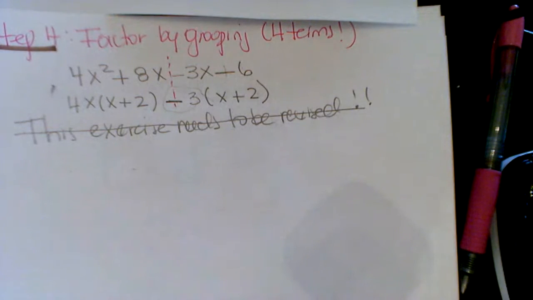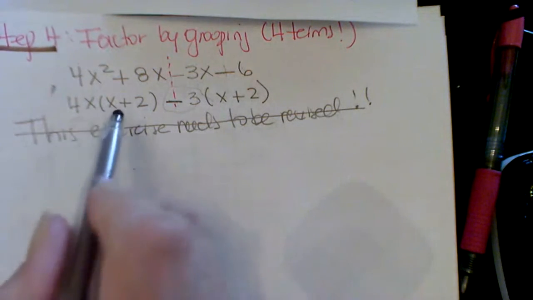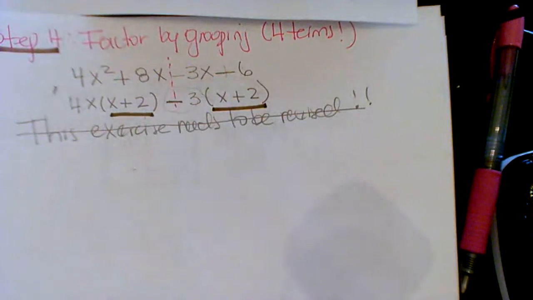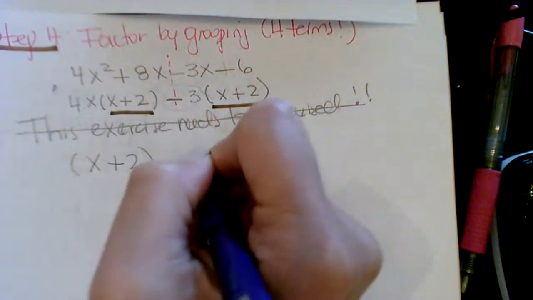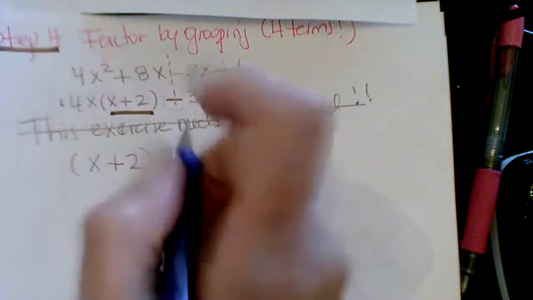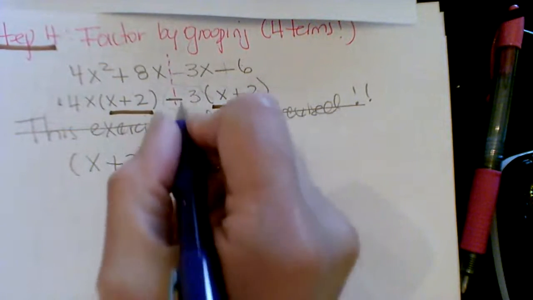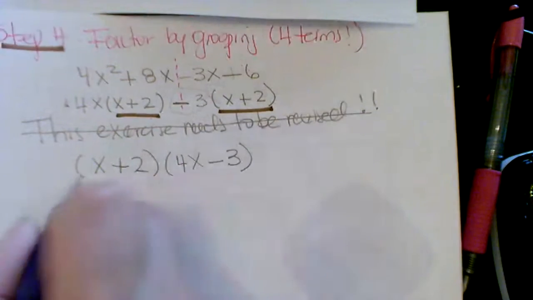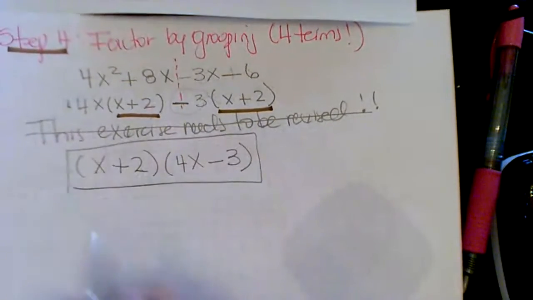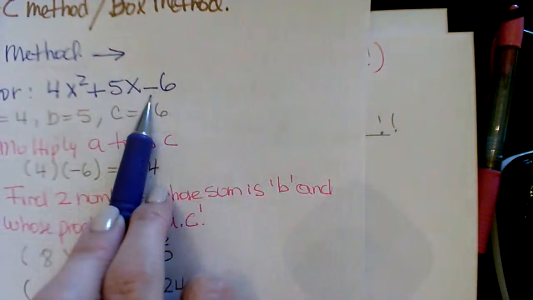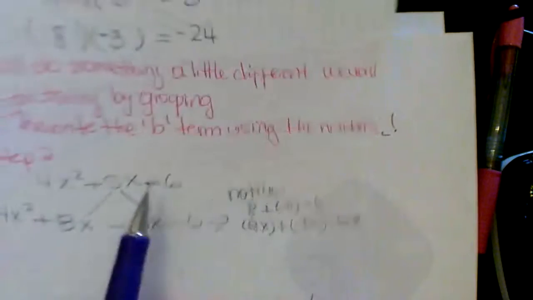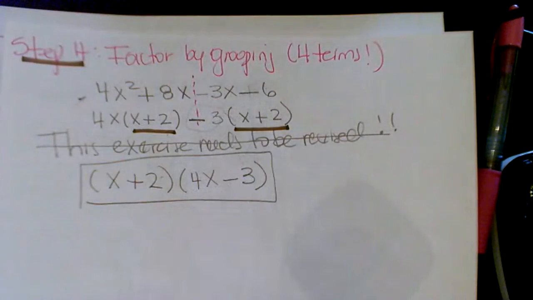My greatest common factor is going to be what? X plus 2. And what do I have left on the first term? 4x. And on the second one, 3. And we just factored the trinomial. So what happened there was that the initial trinomial was negative 6, and for some reason, I changed it to plus 6. That's why it wasn't making any sense at the end.